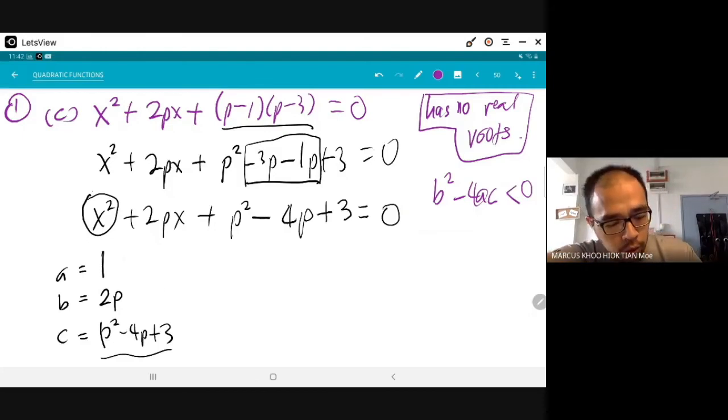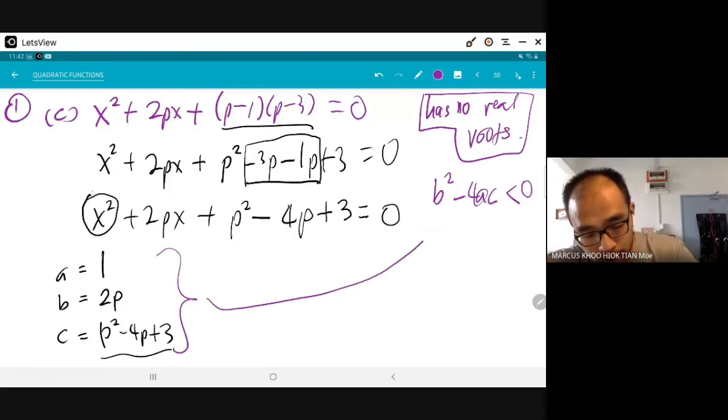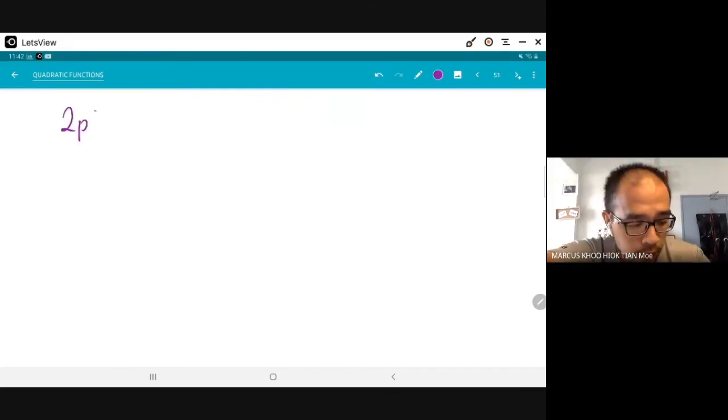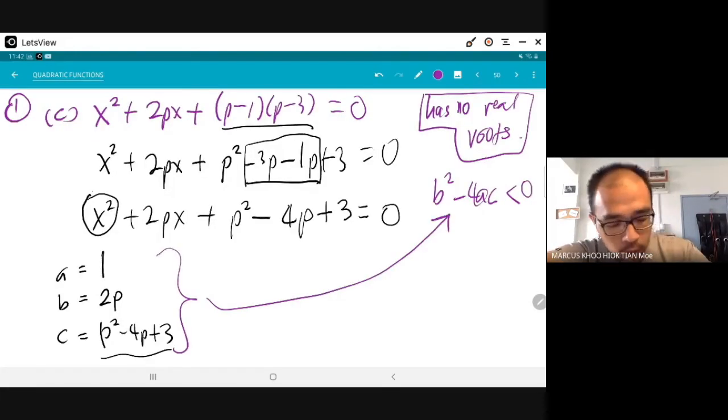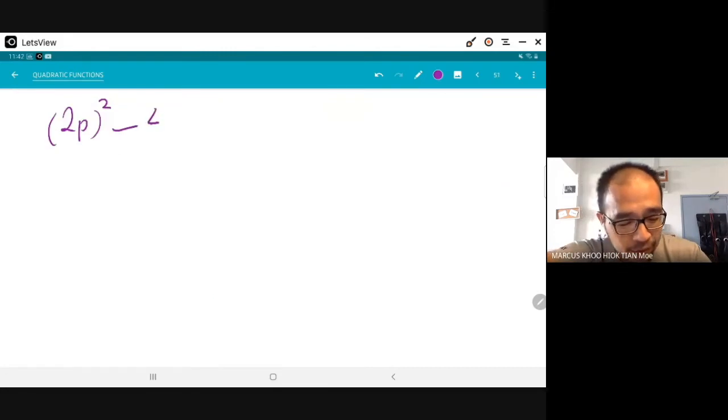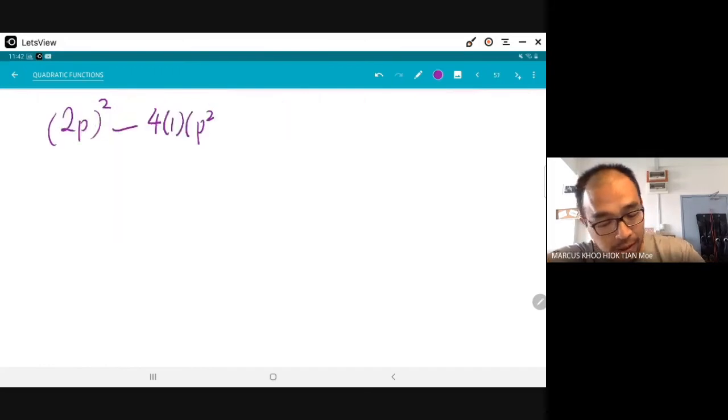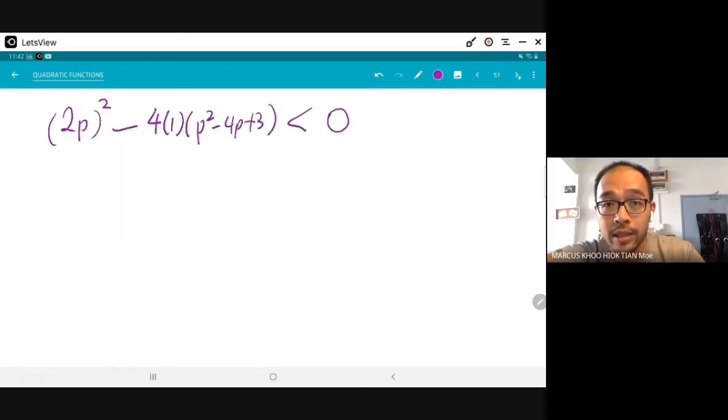So we're going to put all this in here. So 2p the whole thing squared minus 4 times 1 times p squared minus 4p plus 3 is smaller than 0.